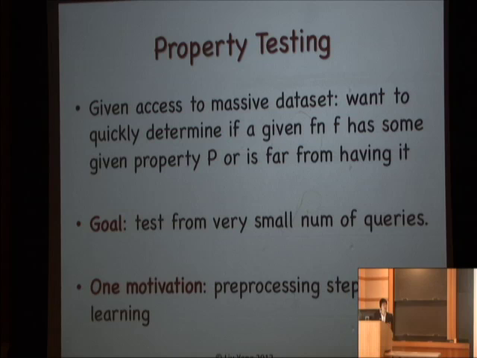The task should be performed by inspecting only a small portion of the entire object, possibly randomly selected, and we want to allow a small probability of failure. One motivation for property testing is that it can be viewed as a pre-processing step before learning.